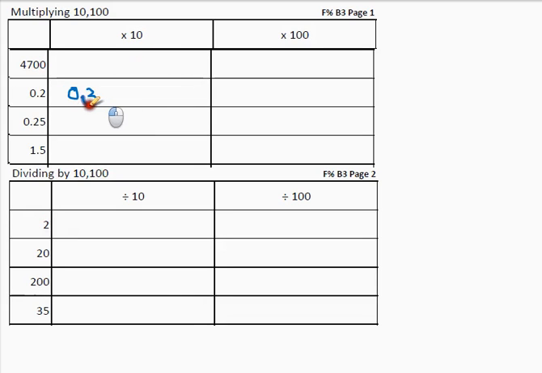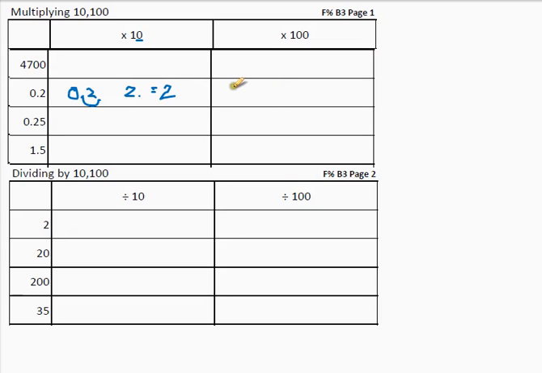So the decimal point goes to the right. It moves 1 because we've got 1 zero there. The decimal point moves 1, it's after the 2 now, so we've got a 2 point. Now we don't want to see a point after a number. If there's nothing after it, it becomes invisible. So any number that you see has got an invisible point after it, but we don't really want to see it.